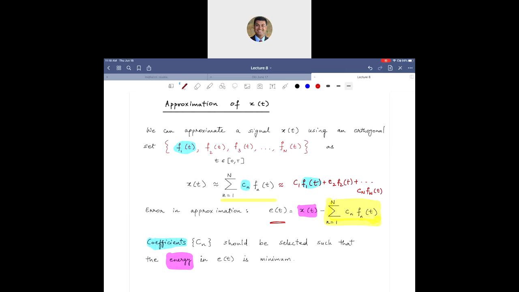So that is the reason why we look at minimizing the energy in the error, and we don't focus on minimizing error, because minimizing error essentially means that you are trying to reduce a number, which in fact means that you are going away from zero error.